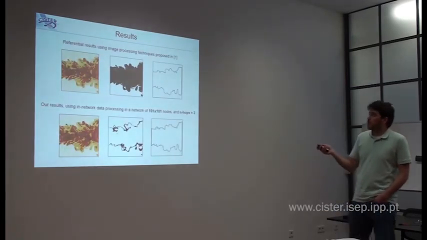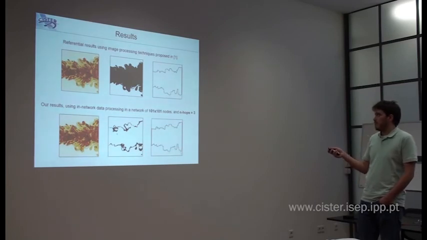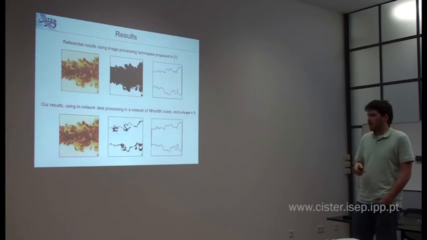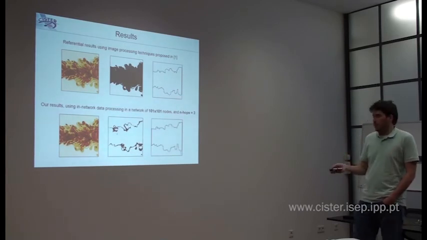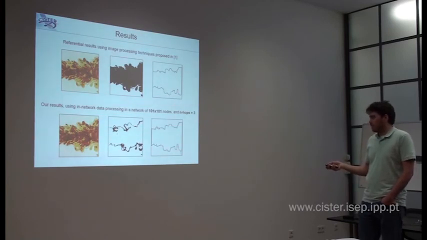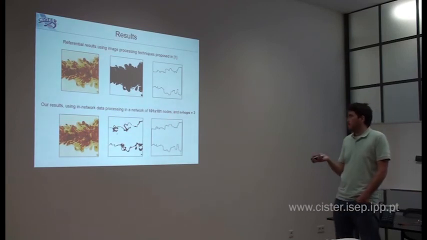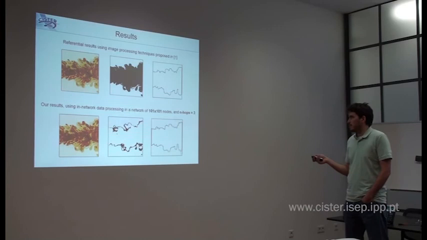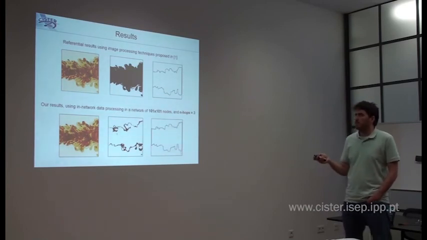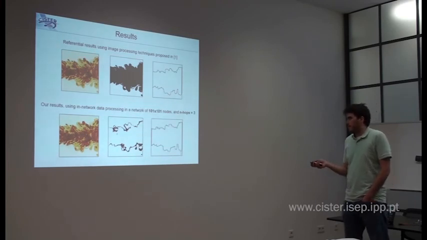They proposed some techniques to define this envelope, and using our algorithms inside the network run by the nodes, we were able to get close enough. This is the envelope our nodes found using in-network processing, with a neighborhood size of 3. We feed our network with this data, and our nodes detect these regions here.